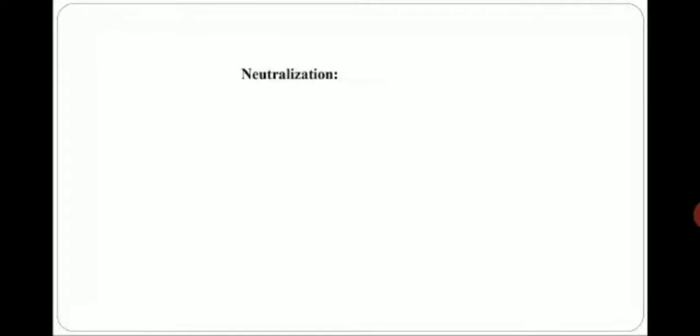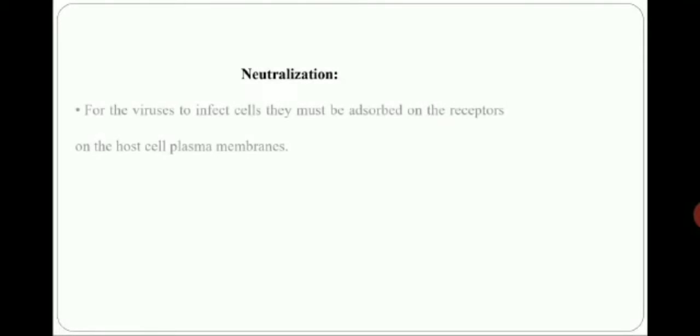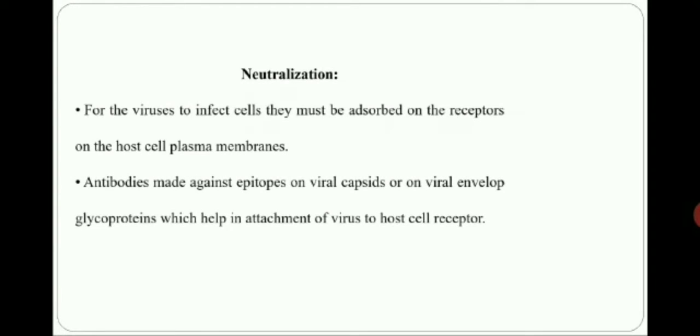So let's discuss the different functions of the antibody molecule. First we will discuss neutralization. For viruses to infect a particular cell, they must be adsorbed on the receptor on the host cell plasma membrane. So antibodies which are made against these epitopes present on the viral capsid or viral envelope glycoprotein help in the attachment of viruses to host cell receptors.